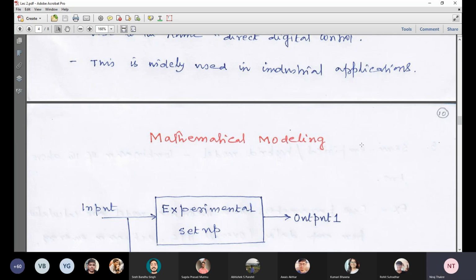By this way, typically we do our laboratory experiments. Now, what we want to do, we want to represent this experimental setup by some mathematical equations. We want to develop some mathematical equations or expressions or combination just to represent this experimental setup.